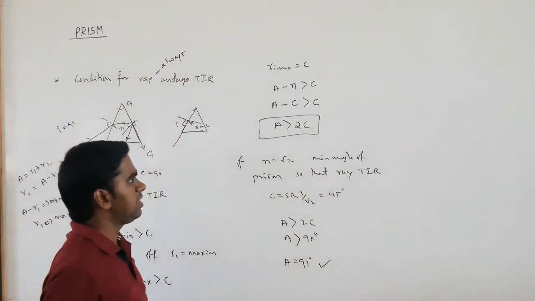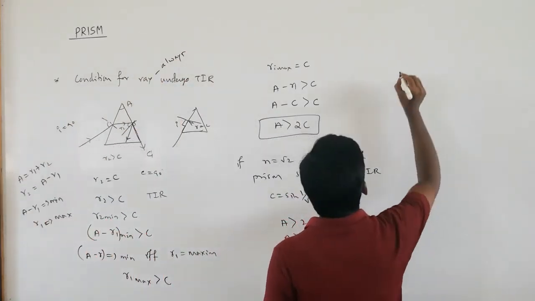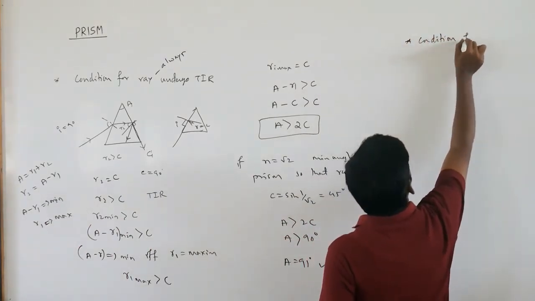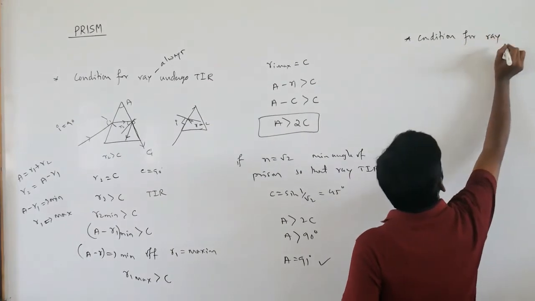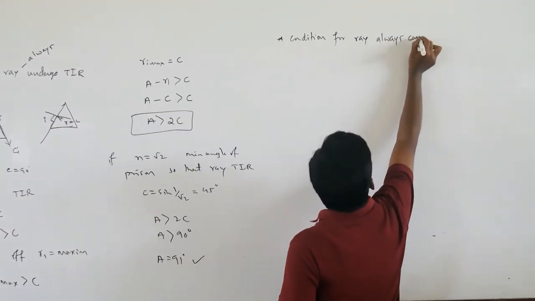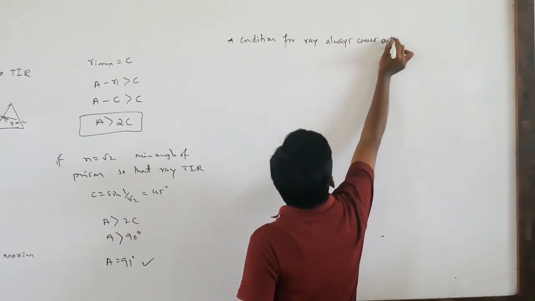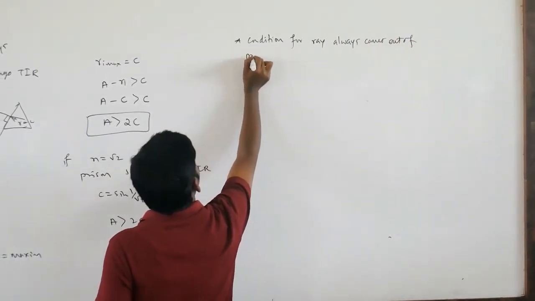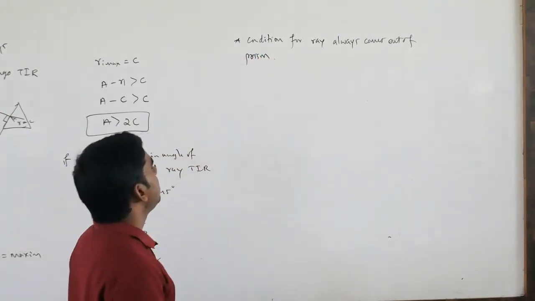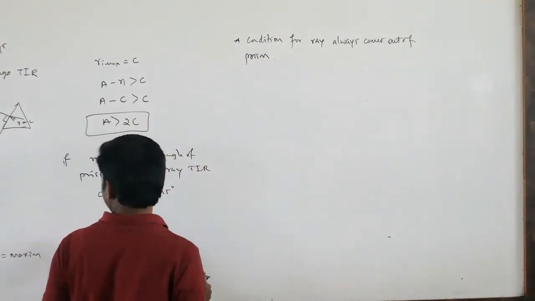Similarly, I can derive the condition for ray always comes out of prism, irrespective of the angle of incident.